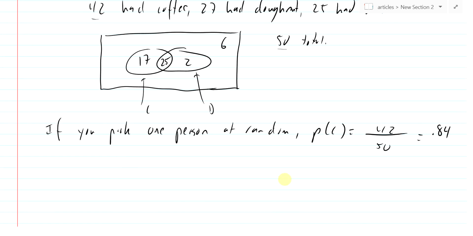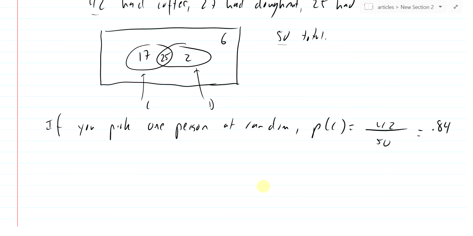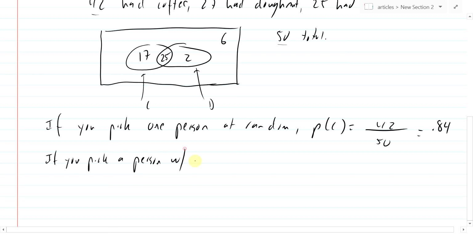So suppose we do a slightly different thing. If you pick a person with a donut at random, what's the probability that they also have coffee?